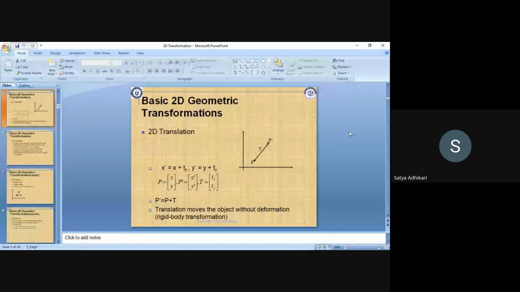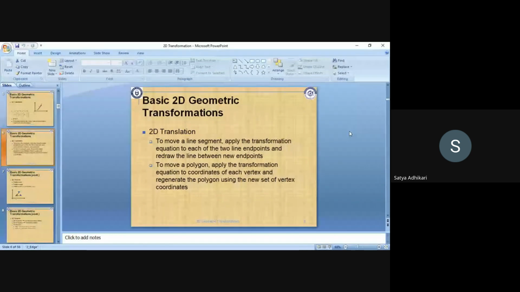Similarly, a triangle. You know that a triangle has three endpoints, 3 points. So we have to apply the translation technique to all these 3 points. After translating, we have to rejoin those points.